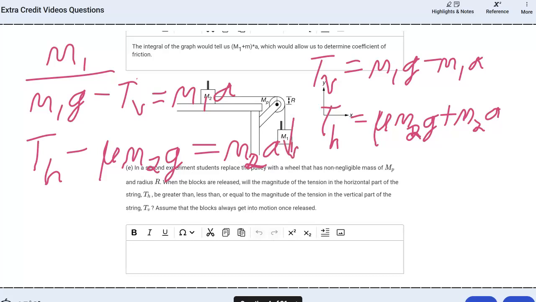So the only way it can accelerate downward is if M1G is larger than TH. And if M1G is larger than TH, then TV has to be larger than TH. And so the answer would be greater than.